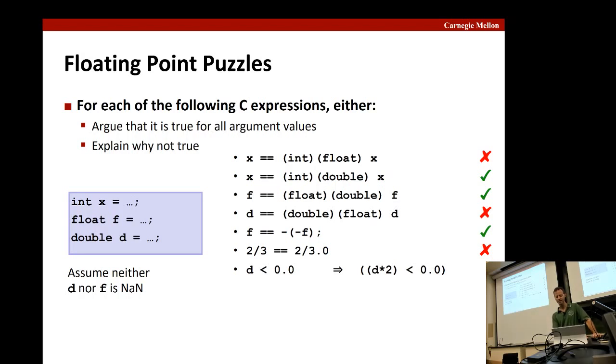If I have a double that's negative, I'm going to multiply by 2. Is it still negative? Okay, that's fine, right? I mean, even if I end up overflowing, it doesn't change the sign of it.